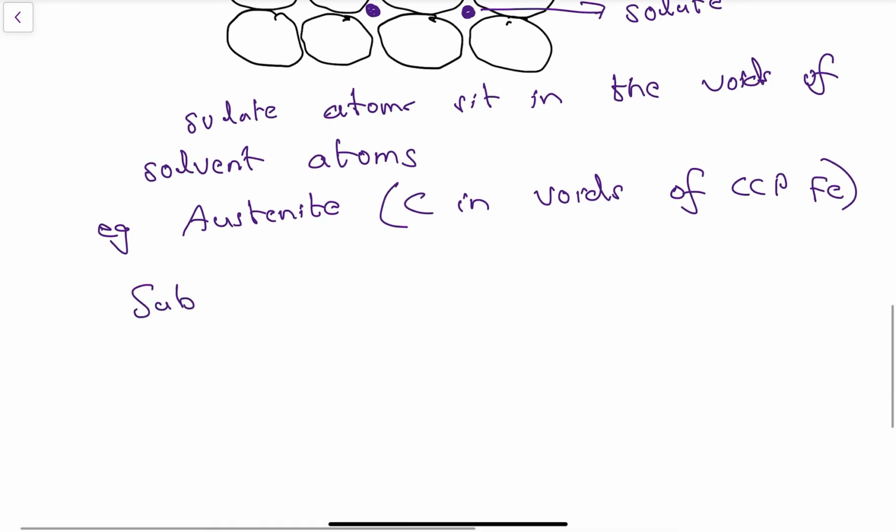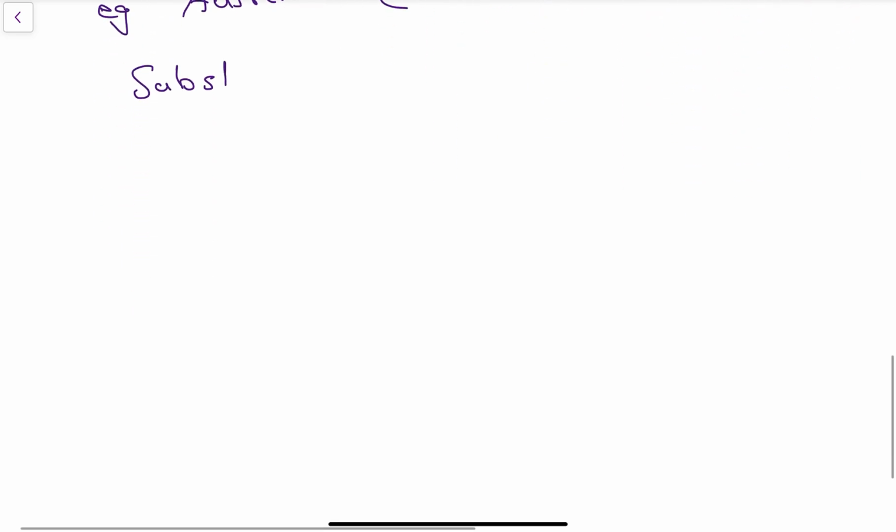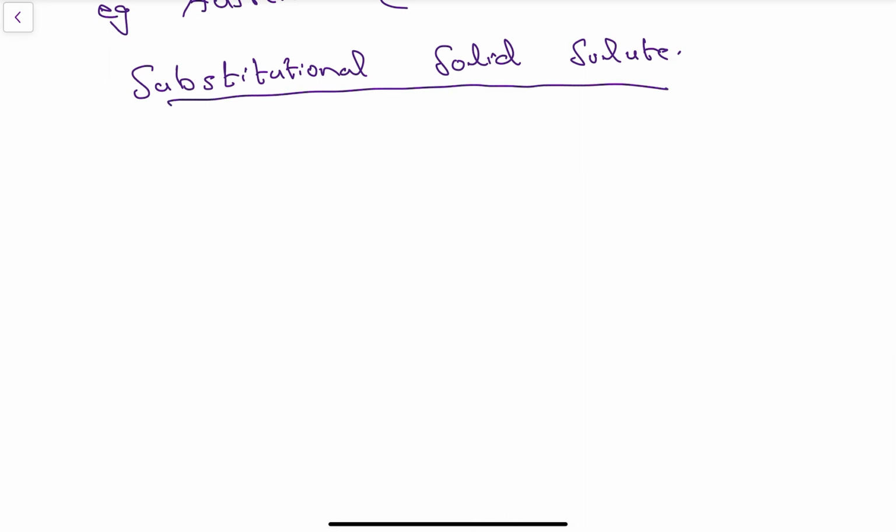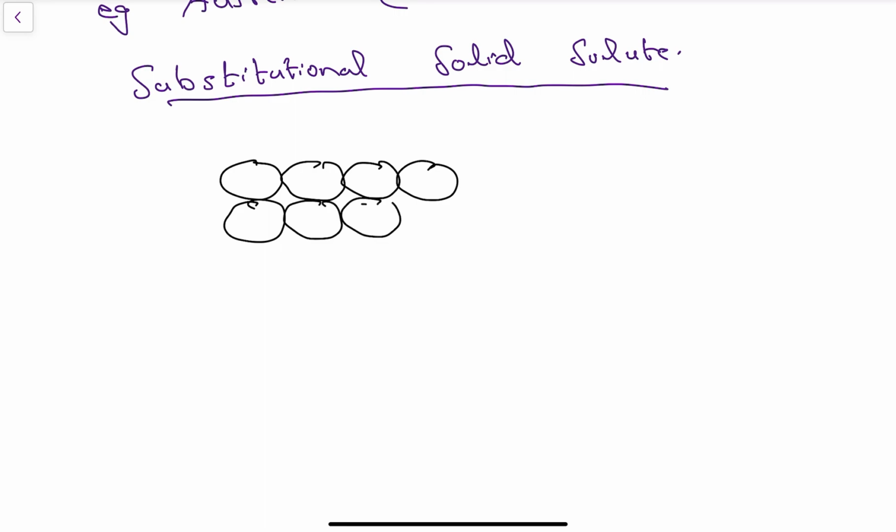Next, you have the substitutional solid solution. We have also discussed that. In this case, you have the solvent atoms like this. Here, one solvent atom is completely replaced by another solute atom.